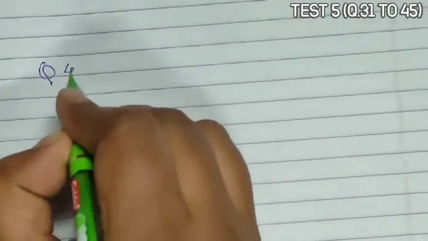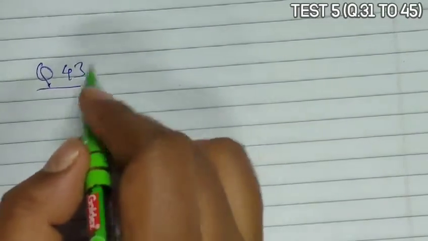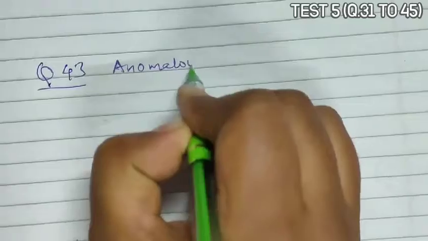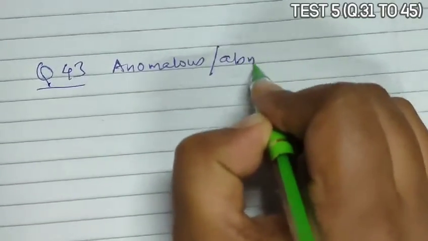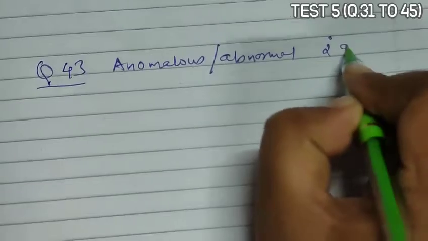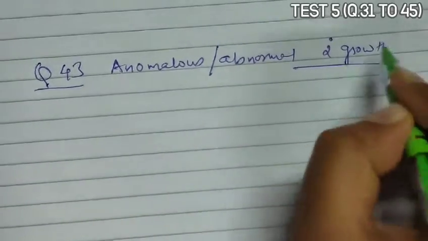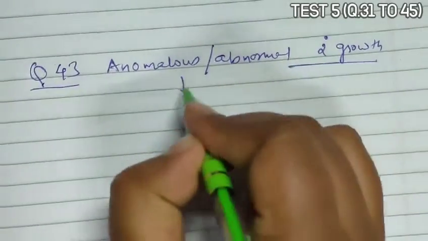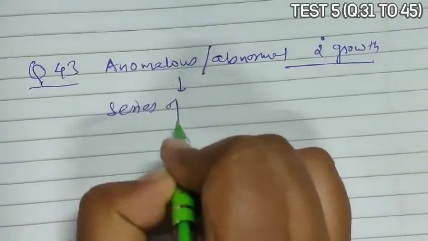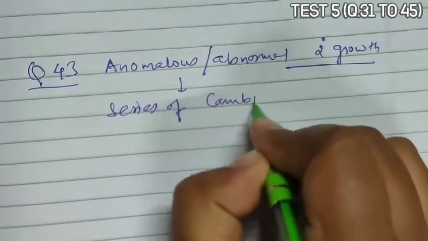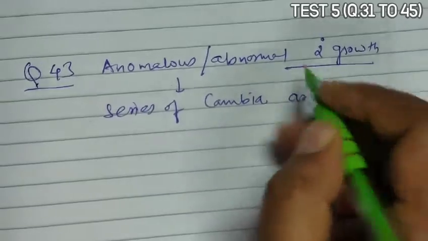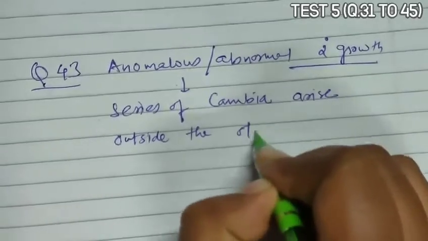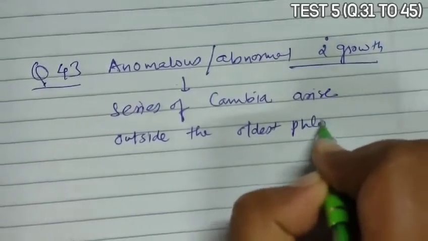Next is question 43. It asks where anomalous secondary growth is found. Anomalous means abnormal, and abnormal secondary growth occurs when a series of cambia arise outside the oldest phloem.